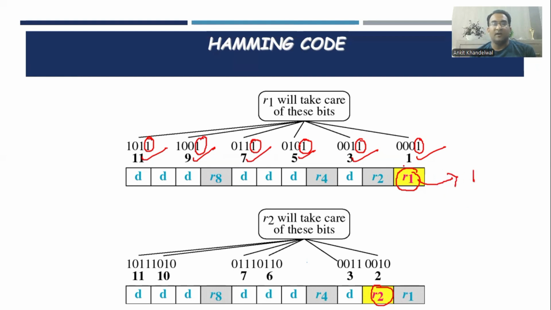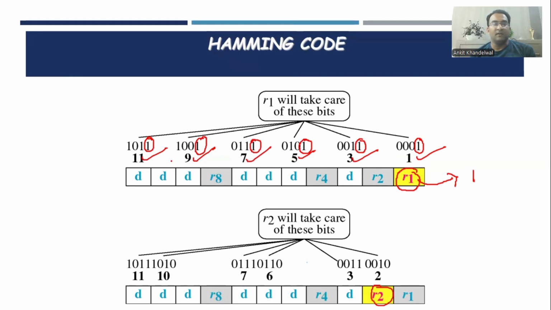That's why we are seeing only those binary values in which the position of 1 is 1. Okay. So in all these binary numbers, the position of 1 is 1. That's why to find out the value of R1, we will consider only these bits 1, 3, 5, 7, 9, and 11.